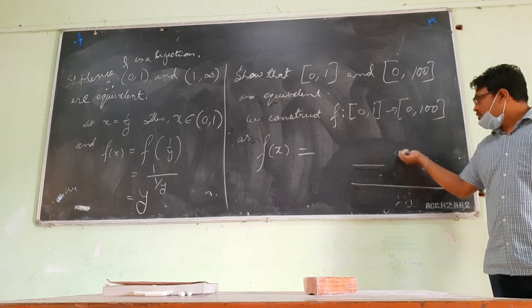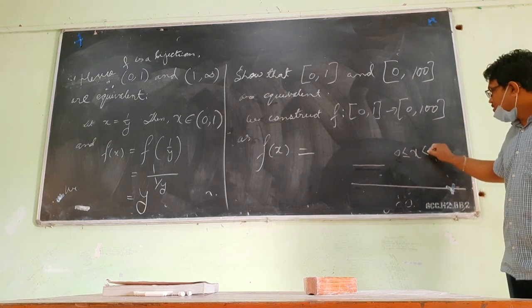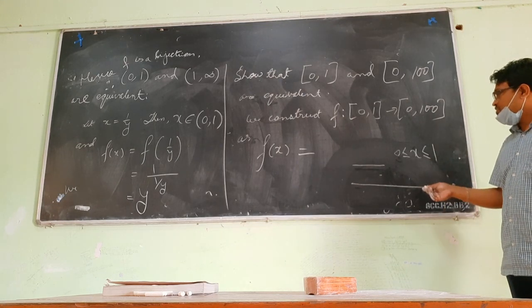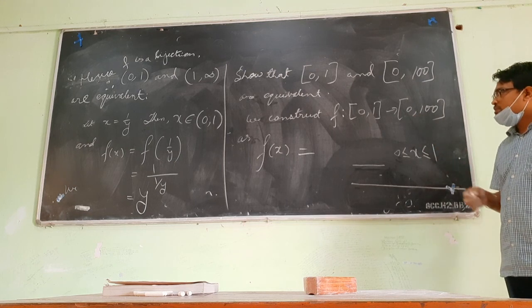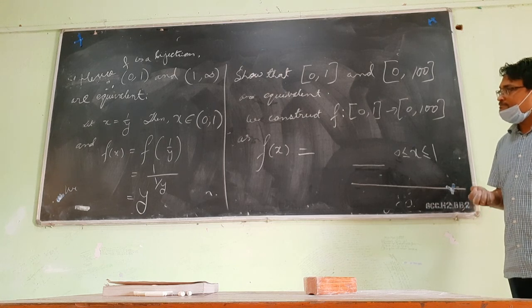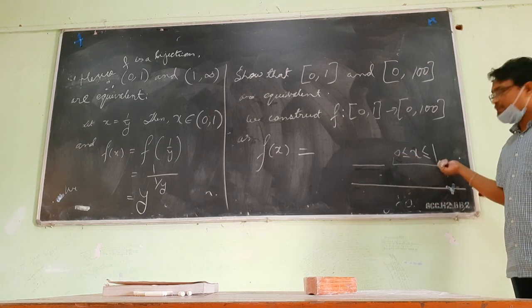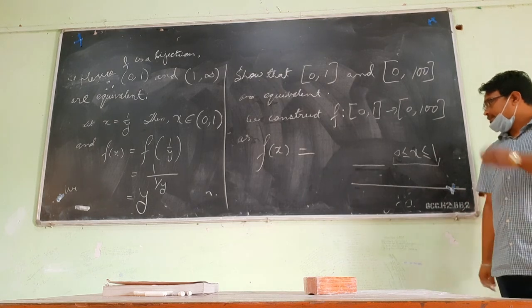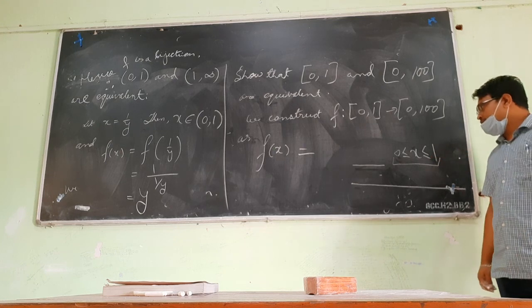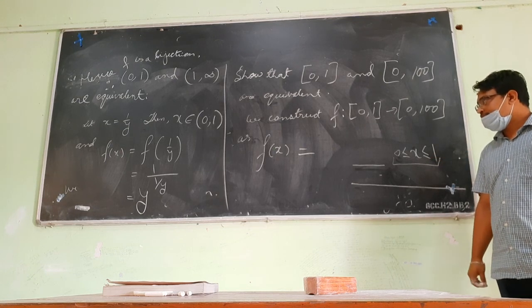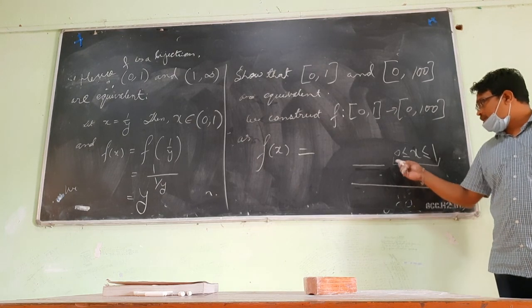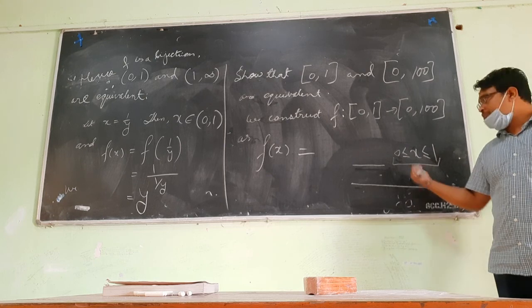In the domain, x is lying between 0 and 1. I want the range elements to lie between 0 and 100. So what function can do this? x lies between 0 and 1, and I want something which lies between 0 and 100. Think.